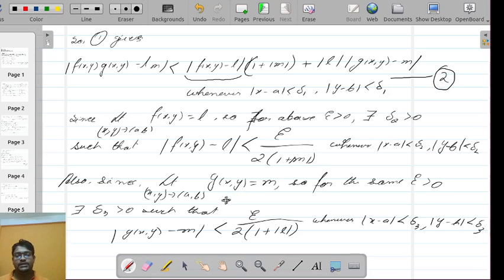The next step: the second inequality is true in the neighborhood of radius delta 1, the third one is true in the neighborhood of ab of radius delta 2, and the fourth one is true in the neighborhood of ab having radius delta 3. So if we take the minimum of delta 1, delta 2, delta 3, all these three will be satisfied.